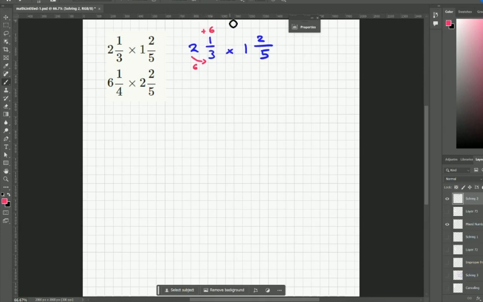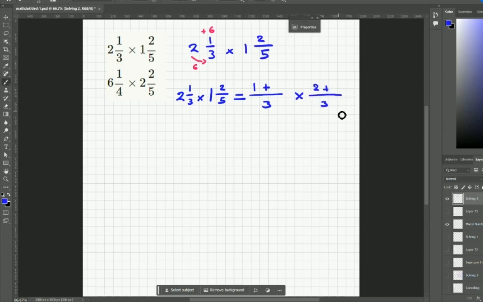Okay? It will look a little bit cleaner if I do it with better working. So 2 1/3 multiplied by 1 2/5 is equal to 1/3 plus some number, multiplied by 2/3 plus some number.